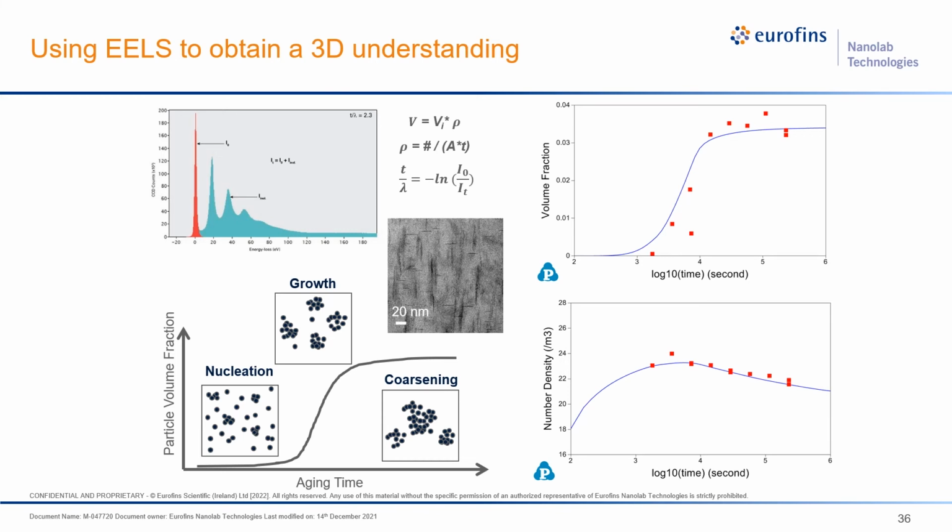And here is the result. As you can see, the volume fraction of the particles follows the classical nucleation, growth, and coarsening model. So we can further do calculations based upon this volume fraction of the particles to get the mechanical properties evolution of this material during the aging process.